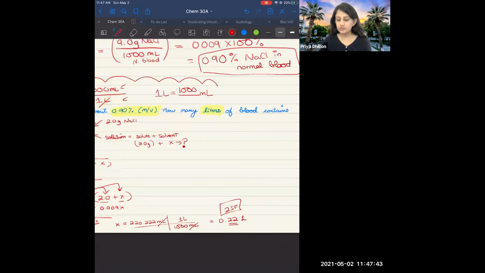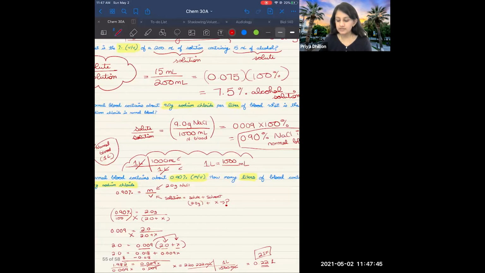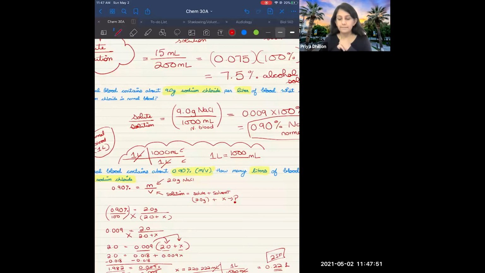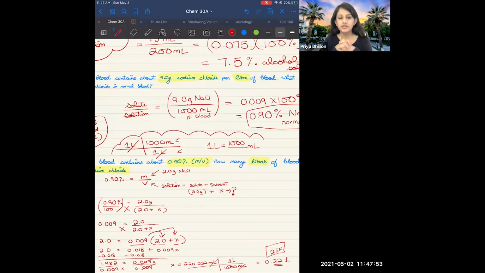So how did you guys do with this problem? Did it make sense? Any questions about any of what I did here? Just take a minute to go over it and see if you understand it fully. And give me a thumbs up if you're good, so we can move on to the next problem.